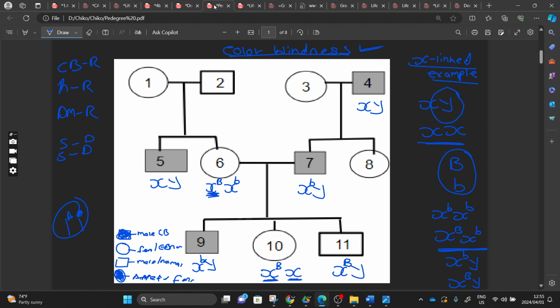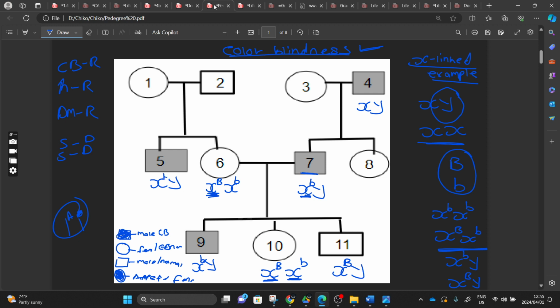And then where is she going to get another X? She's going to get the affected X from father number 7. It means she's a carrier. You see, now we're starting backwards, going upwards. So another thing you might say, because here a mother had a son who is affected, it means that she's a carrier automatically, right? We'll write it like this.